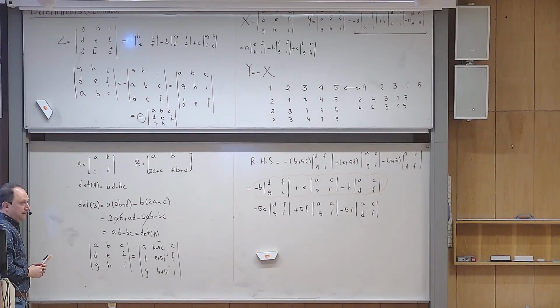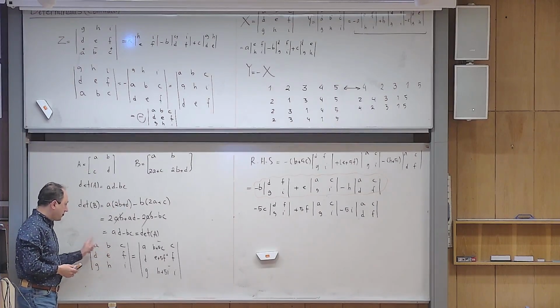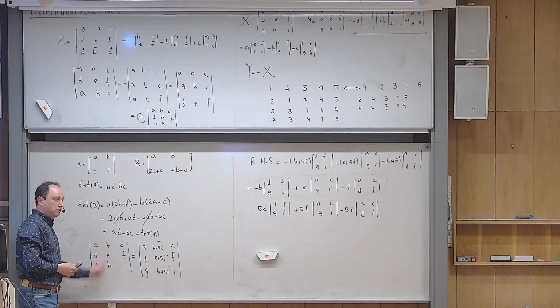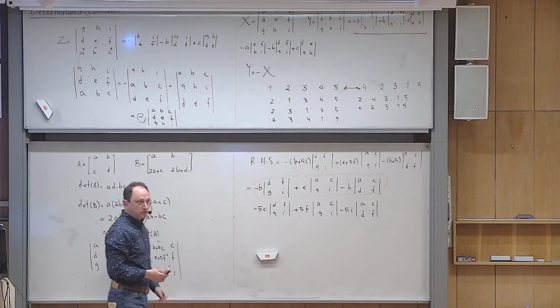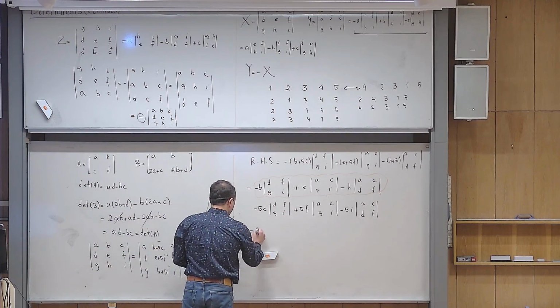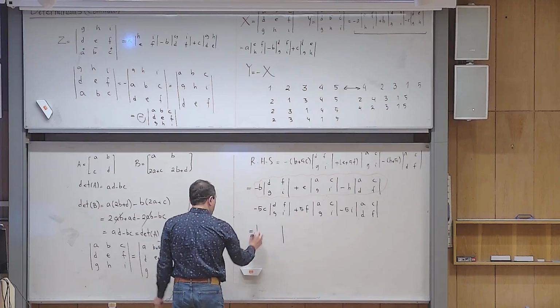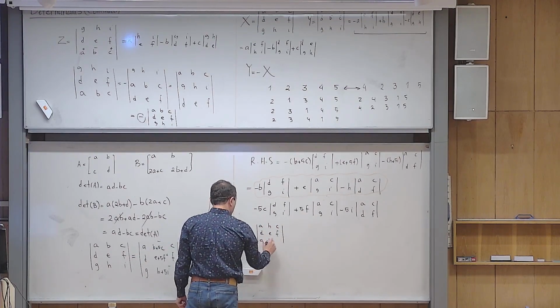Is it not the same as the determinant of the left-hand side? Yes, but expanded on the middle column. Do you agree? So if I ask you to expand this determinant on the middle column, you will exactly get this one. Is that right? Yes. So it becomes equal to the determinant of A, B, C, D, E, F, G, H, I.